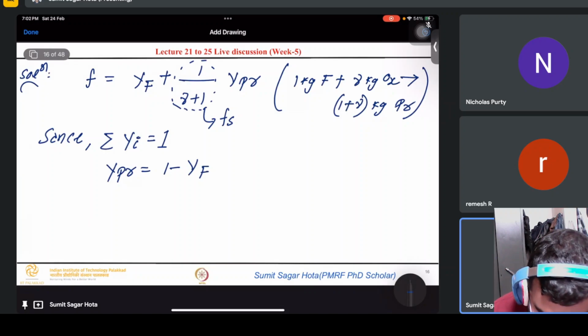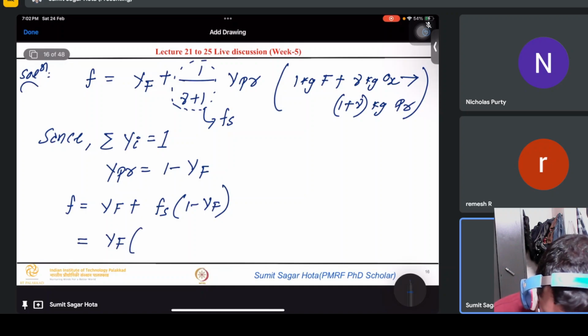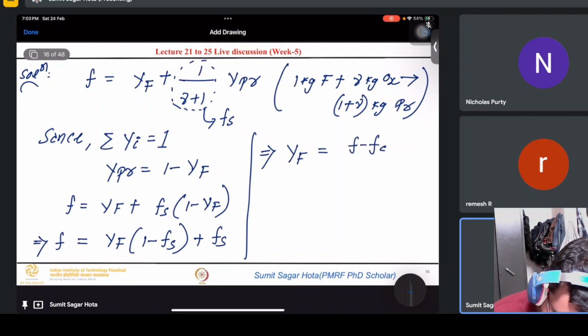Now we substitute: F equals YF plus Fs times Y product, which is 1 minus YF. Rearranging, take YF common: YF times 1 minus Fs plus Fs equals F. Now solving for YF, YF equals F minus Fs divided by 1 minus Fs.